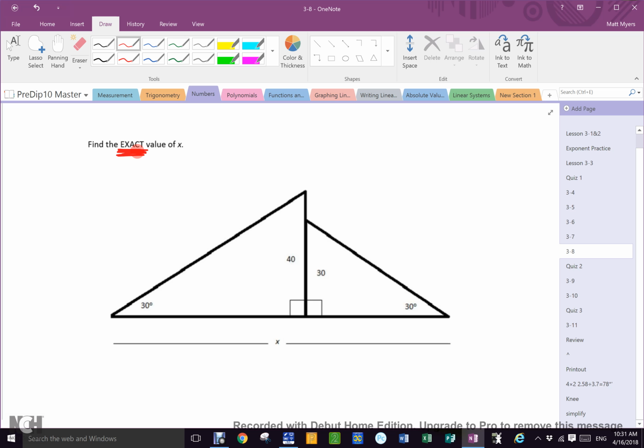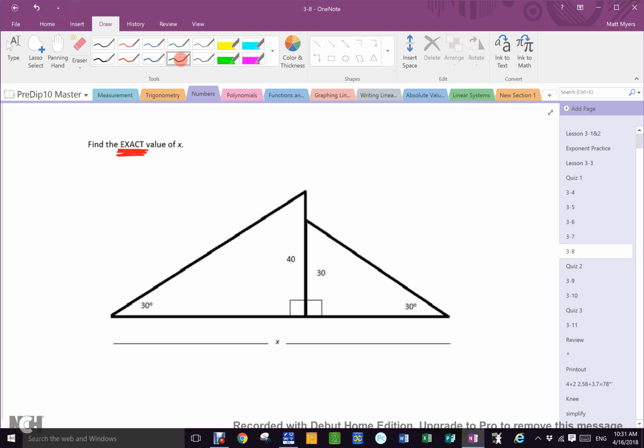To stop you from using your calculator. Well, how will we ever find the exact value of x? We've got to use trigonometry. Without a calculator, though, I don't have those ratios memorized. So can't do that. Really?